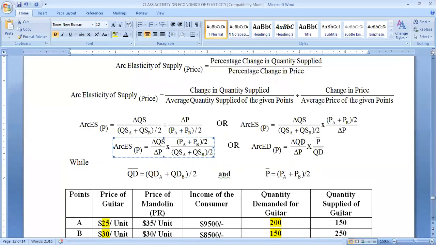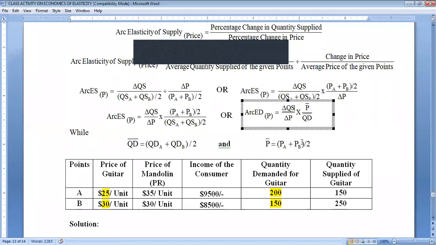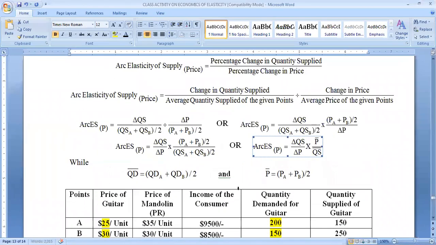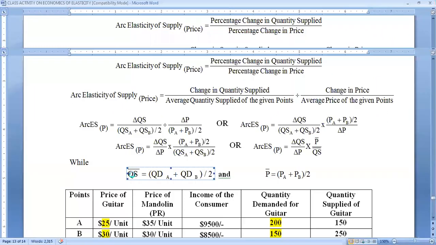Or delta QS over delta P multiplied by P bar over QS bar equals arc elasticity of supply with respect to price, whereas QS bar equals quantity supplied at point A plus quantity supplied at point B, the sum divided by 2.